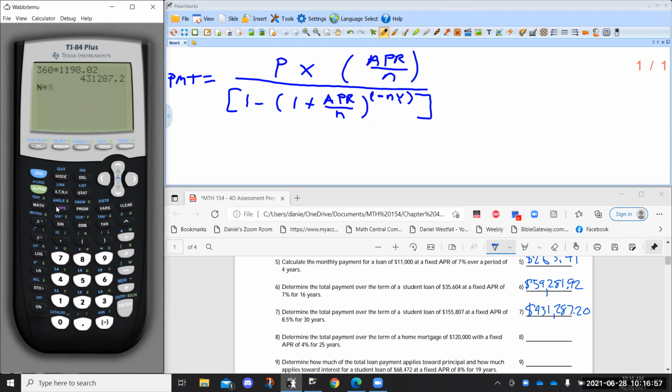Okay, so yes, that's how you get the 57 cents. She's not rounding the payments. I think you should, because you're only going to pay to the nearest cent.